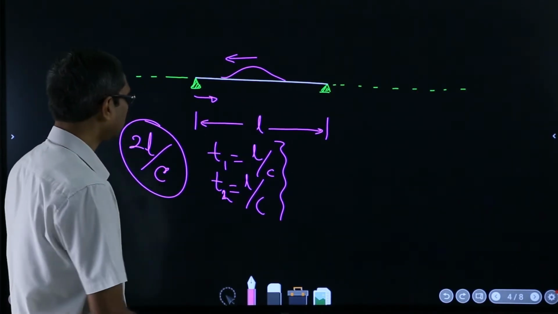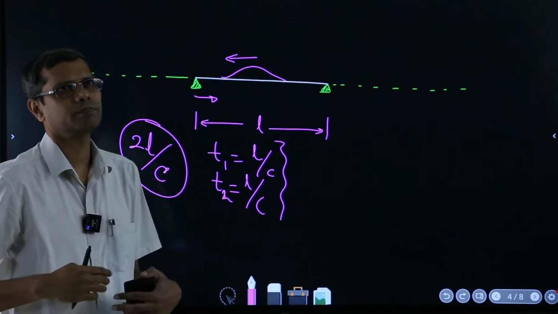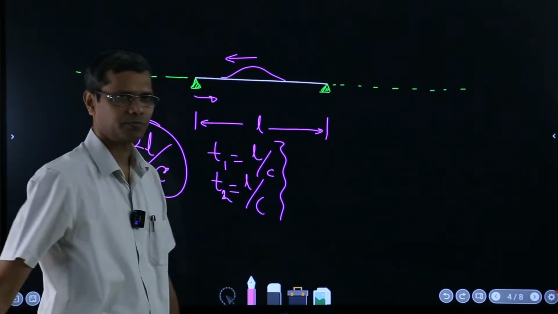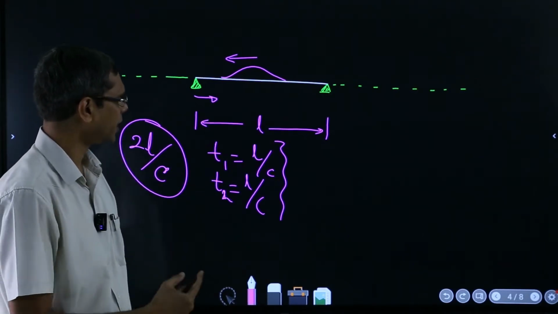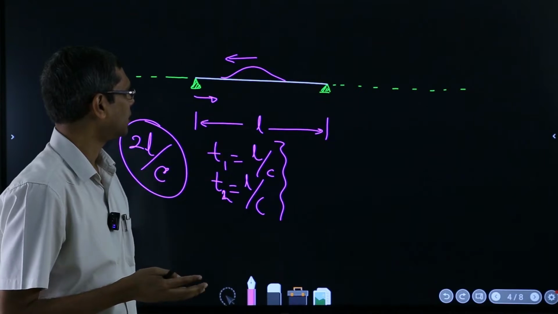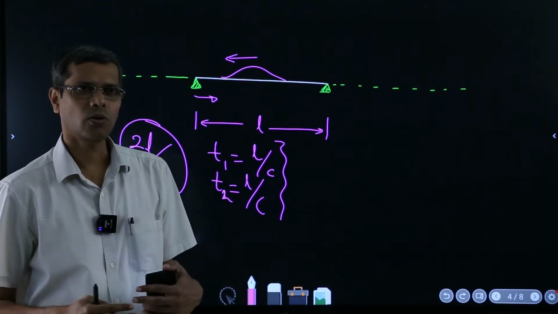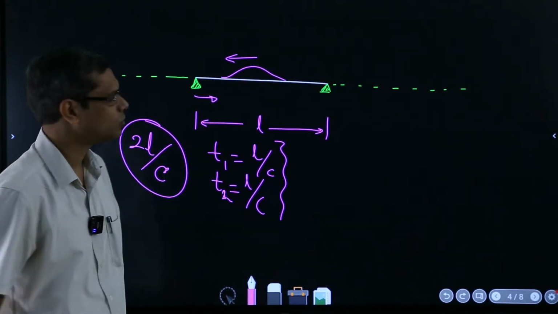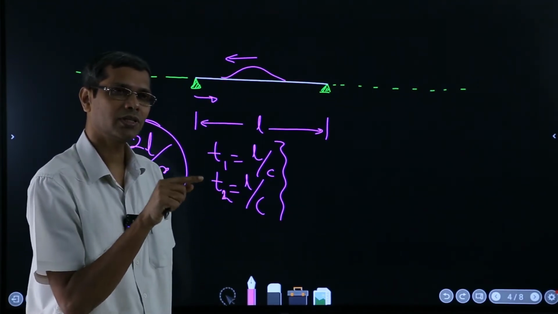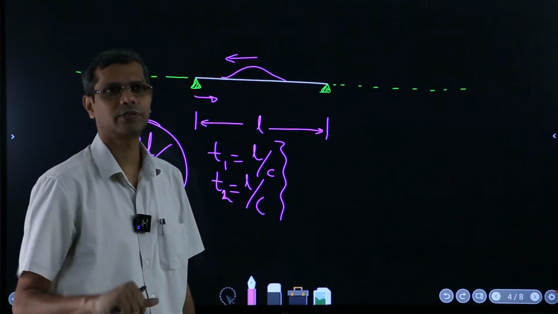That's why periodicity is inbuilt to this kind of system, and this is in a way different, or in fact contradictory, to what we had seen with even the simple 2 DOF system.